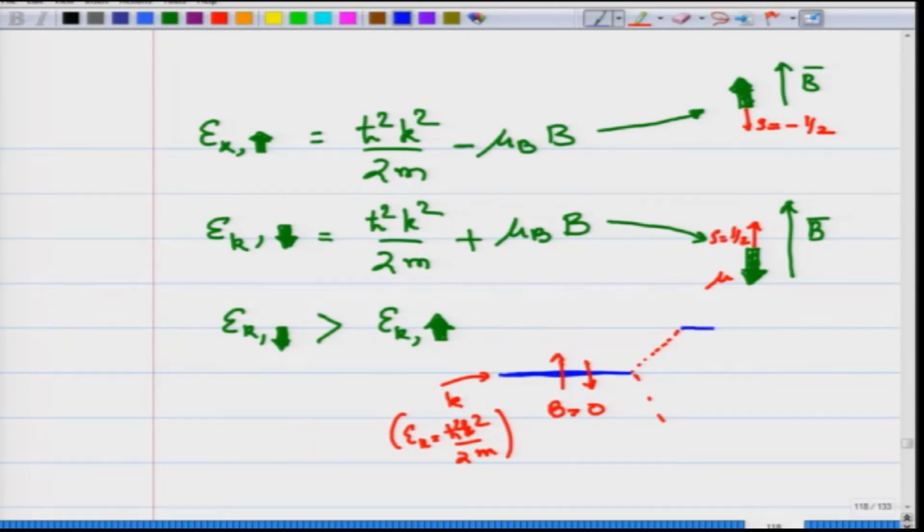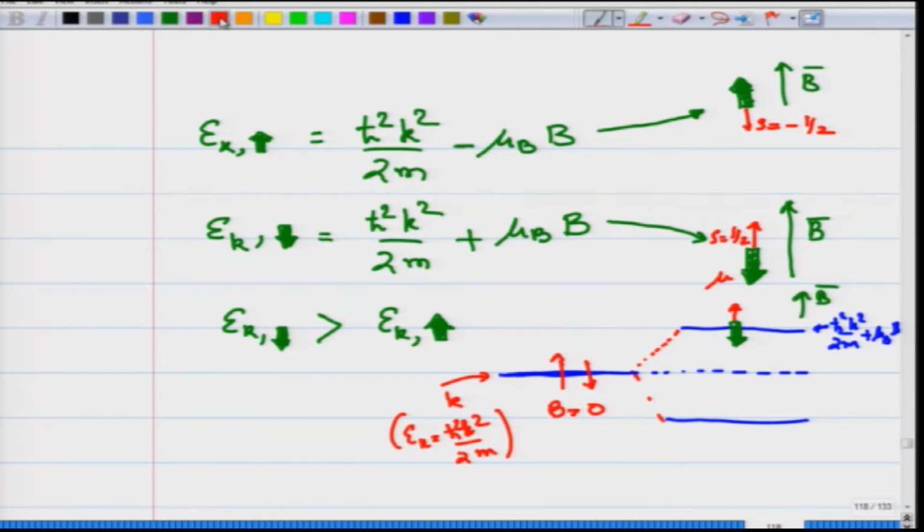This is the higher energy state, this is the lower energy state. With respect to this, this state has energy h cross square k square by 2m plus mu B into B. This is the spin up electron, or it has a magnetic moment which is pointing down, opposite to the magnetic field direction.